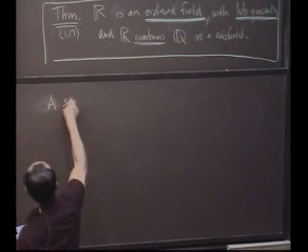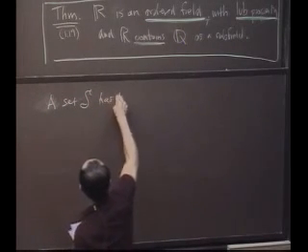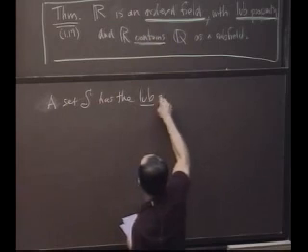So a set S has the least upper bound property.